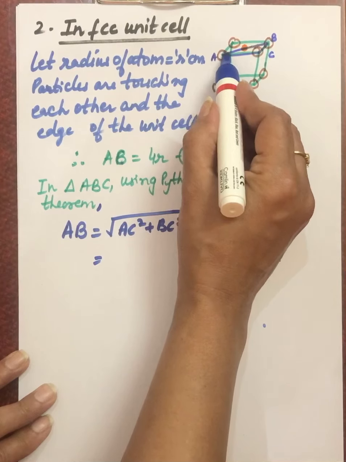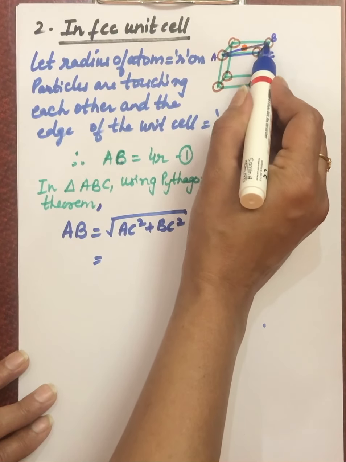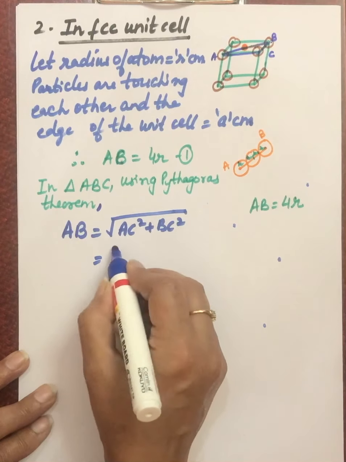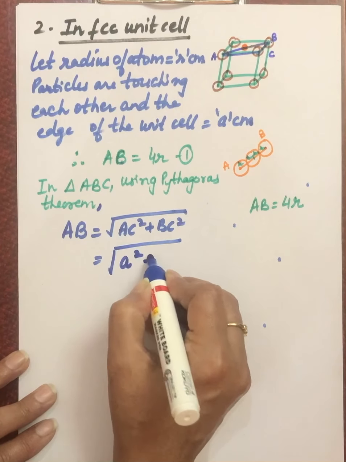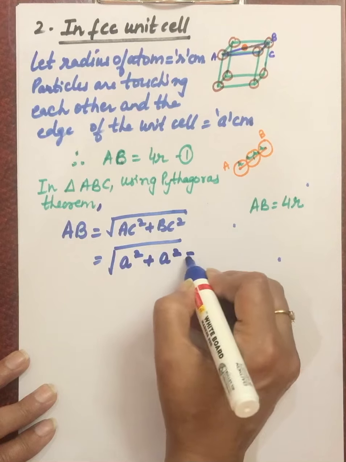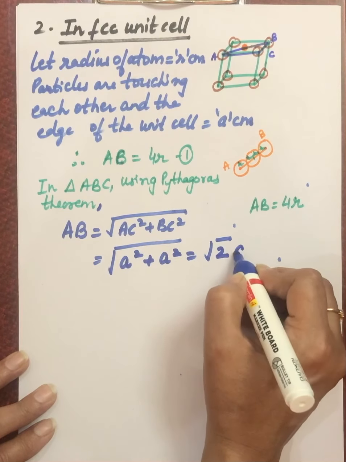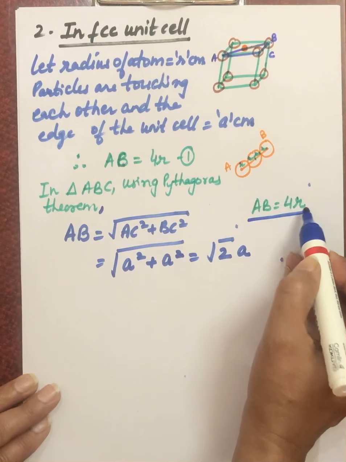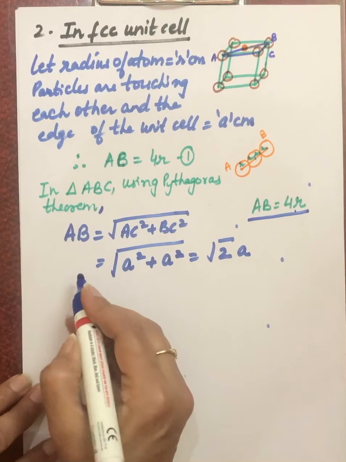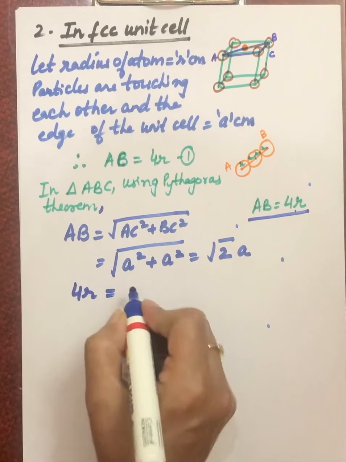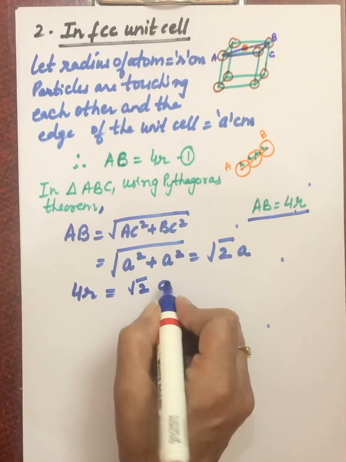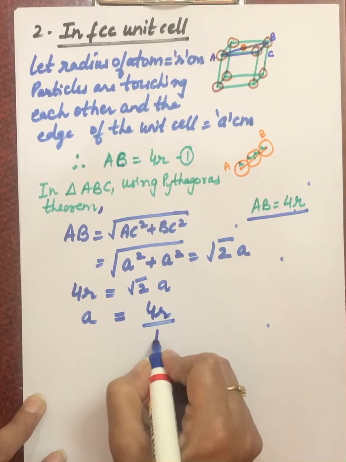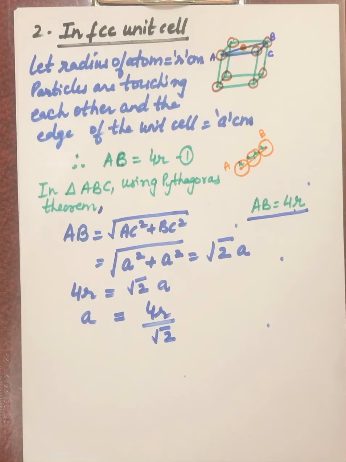This is the edge of the unit cell, one side, this is also one side, this is a and this also is a. So AC is also a and BC is also a. Solving this, we get root 2 a. AB is equal to root 2 a, but AB is also equal to 4r. Filling in the value here, we get 4r equal to root 2 a. And what will be a now? a is 4r upon root 2. Now we have calculated the value of a.